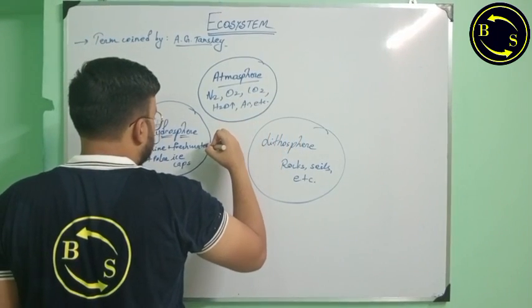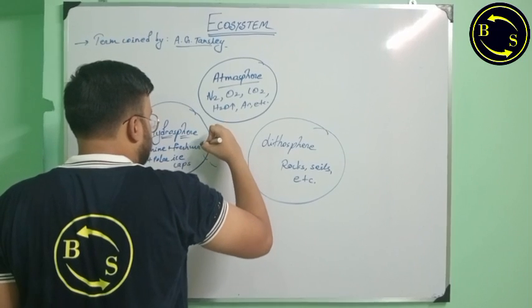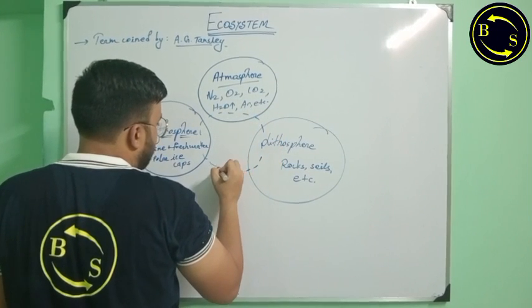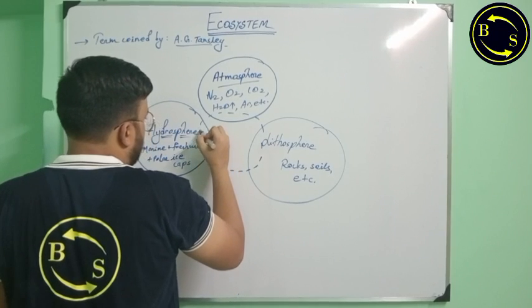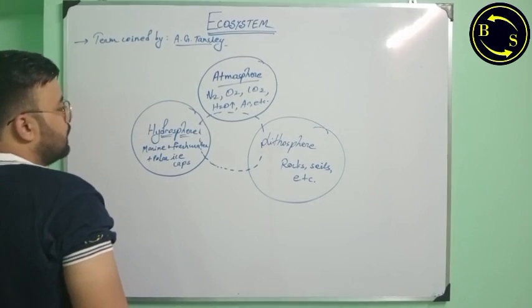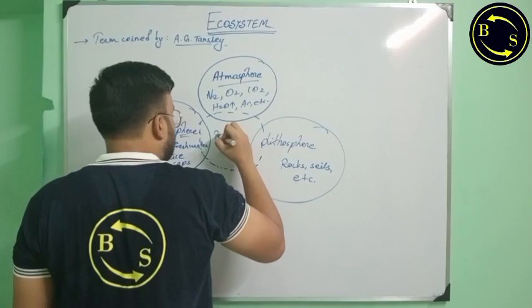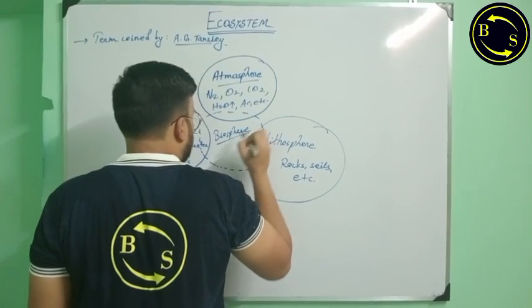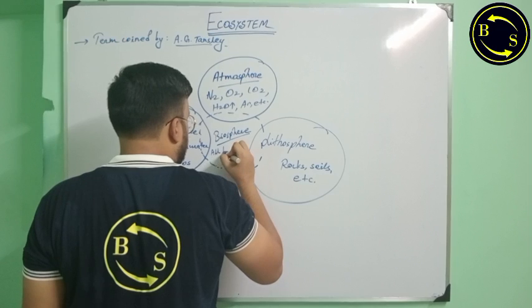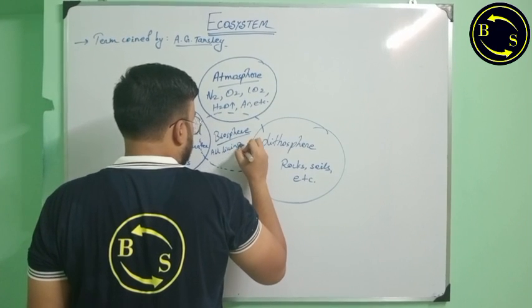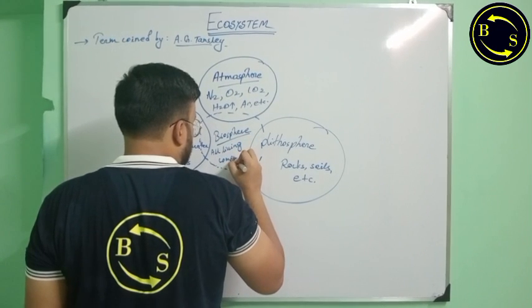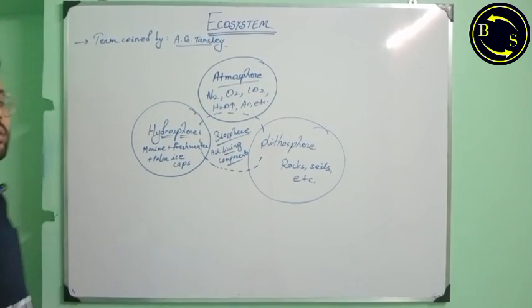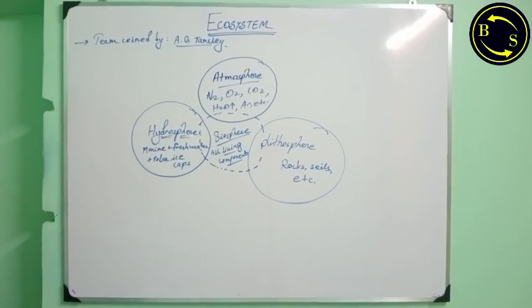And that habitable region is known as biosphere. All living components of Earth, starting from microbes to large plants and animals, biosphere.